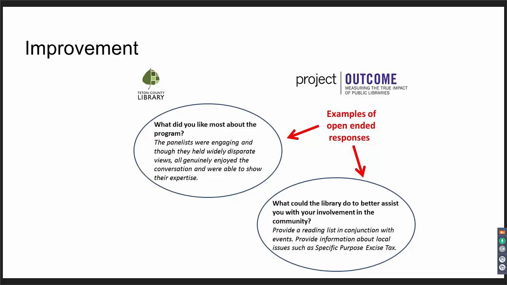And one of the questions was, what did you like most about the program? And they can use those to get specific information to aid them in making their programs better, or maybe in choosing topics. They also asked, what could the library do to better assist you with your involvement in the community?